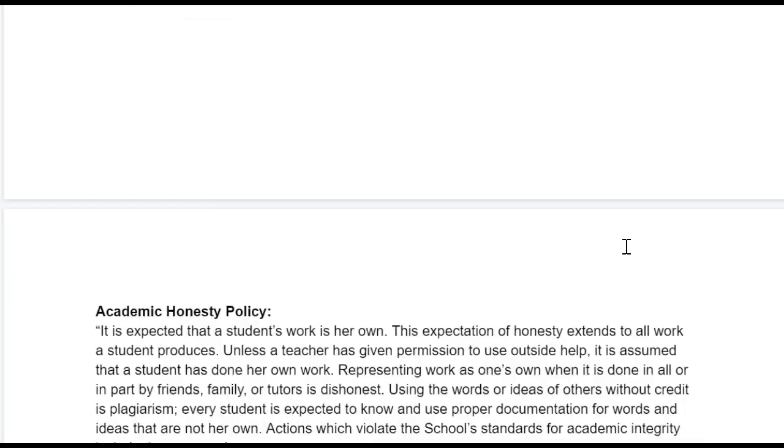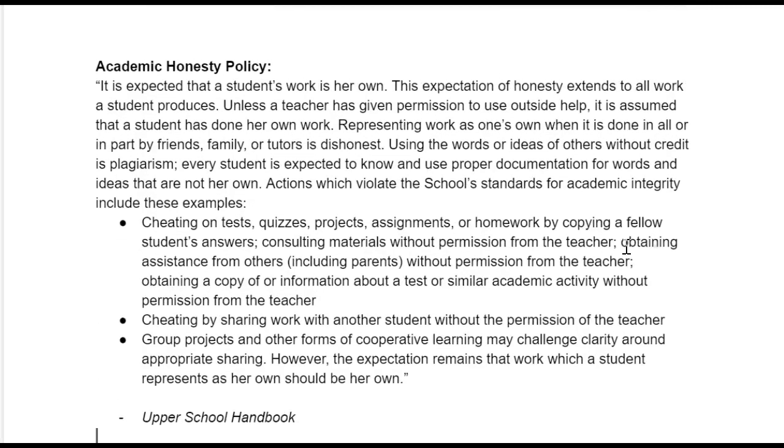Okay. There we go. Academic honesty policy. Don't cheat. Don't copy each other's work. This kind of stuff. Collaboration is a tricky bit. So I'm going to tell you how I define collaboration. If 2 students are collaborating on an assignment in my class, they should share a sheet of paper. They should write down their collaboration on that sheet of paper. They should figure out how to do everything.